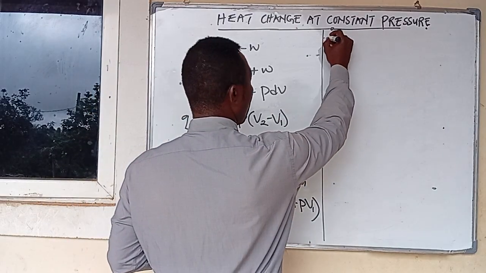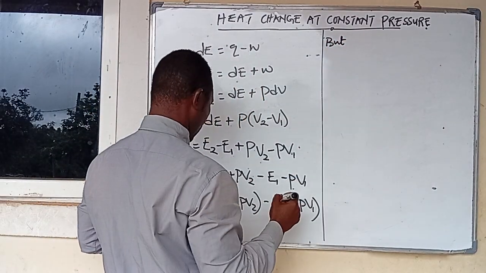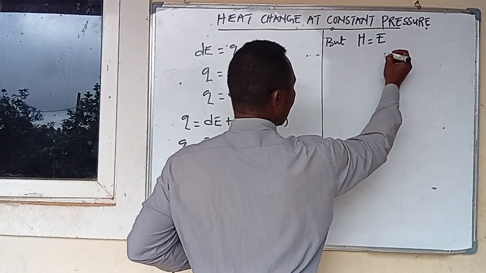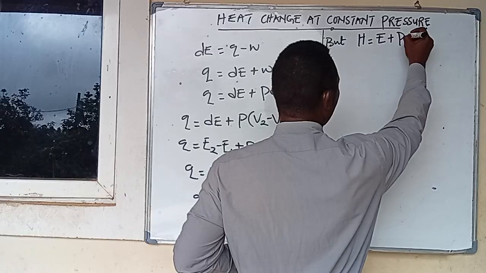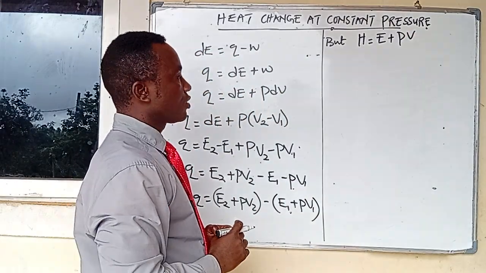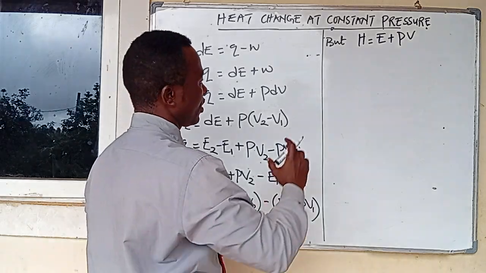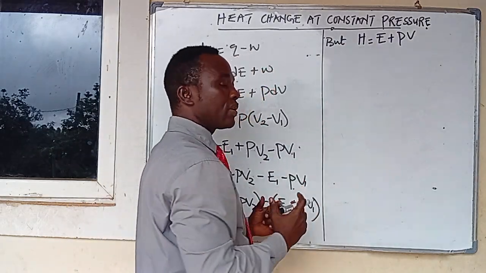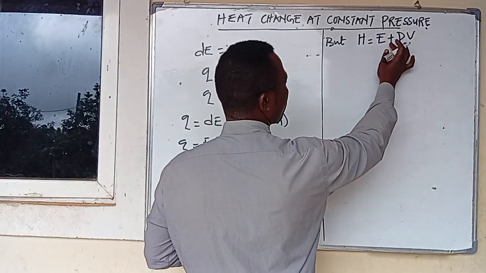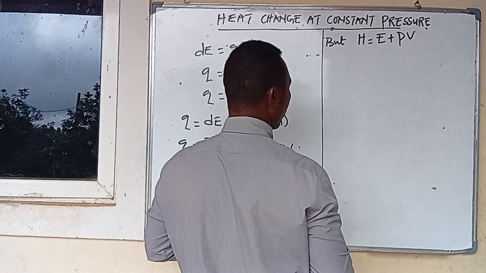But we know that enthalpy change is equal to internal energy plus PV. That is enthalpy change for a system. Enthalpy is the heat content, and it is equal to internal energy plus pressure multiplied by volume.